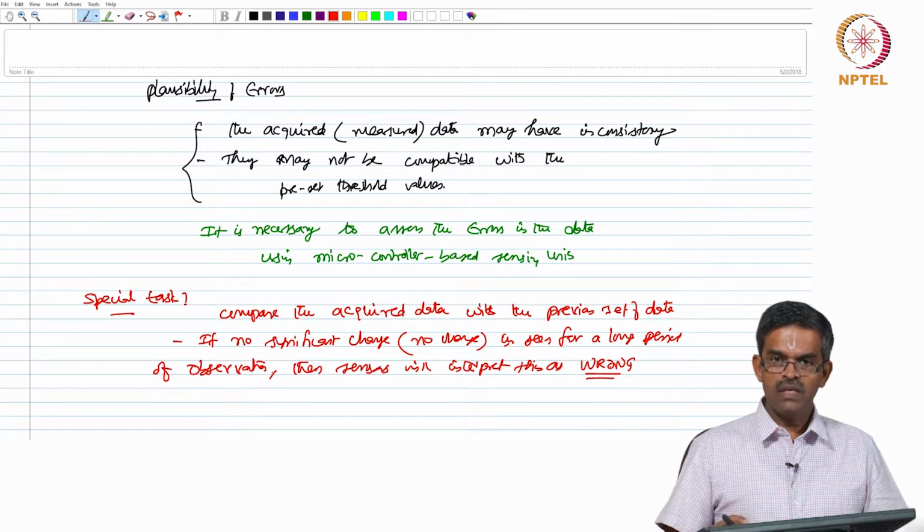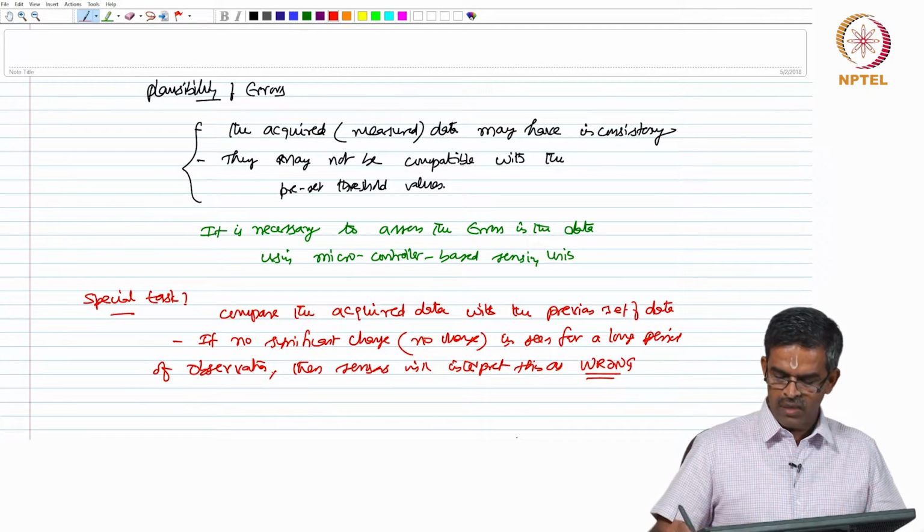Okay. This intelligent intervention is done possibly using artificial intelligence in structural health monitoring.